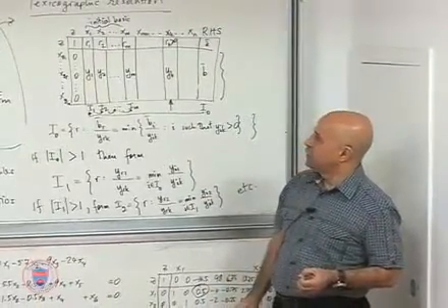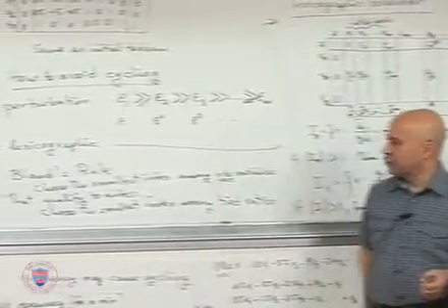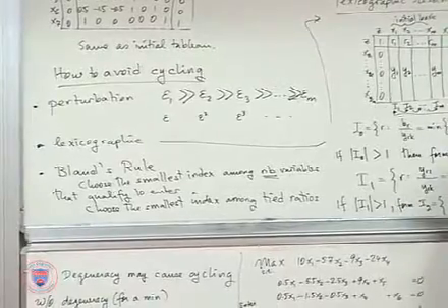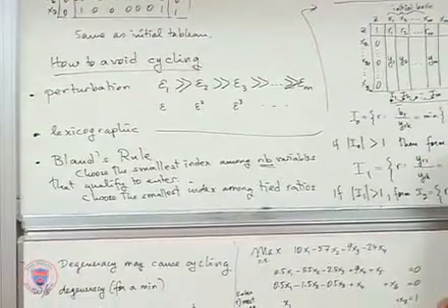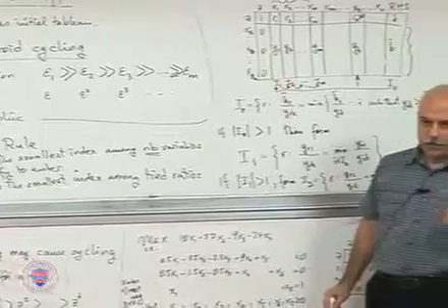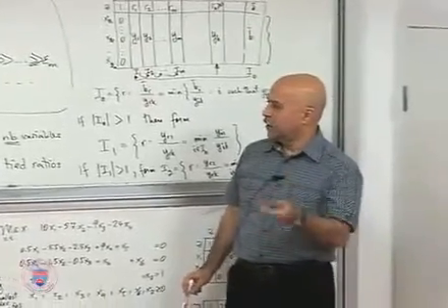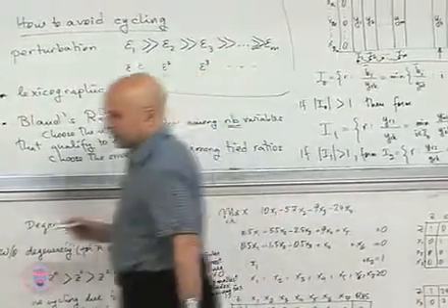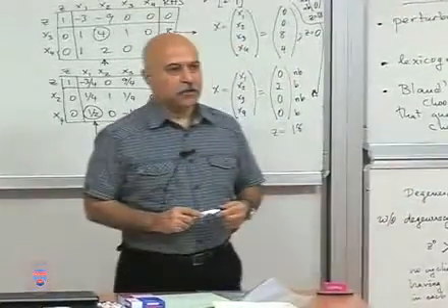Nevertheless, in Bland's rule, you encounter the first variable that prices out favorably, which means it has a reduced cost which is positive for minimization, and then you choose that one. Okay? So, all right. Any questions on these things?